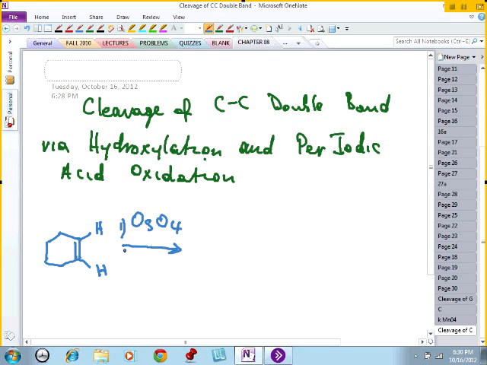That is step one. And you follow that up with sodium hydrogen sulfide. What this reagent will do is to form this molecule here.